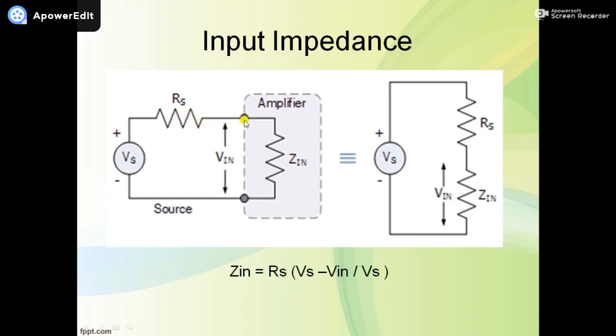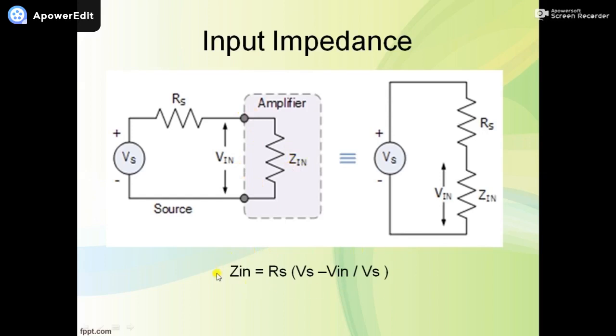With the help of this multimeter, when you connect, you can measure from these 2 points. This is the input impedance. With the help of the multimeter, we can measure the Z-in, that means input impedance, from these 2 points.